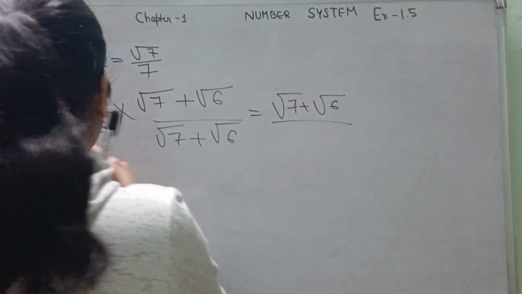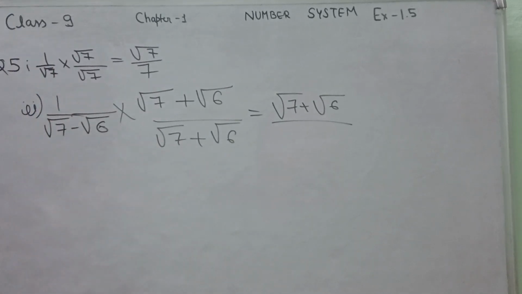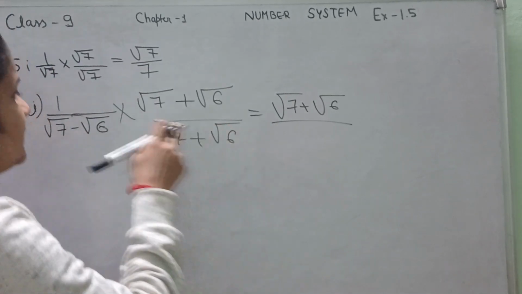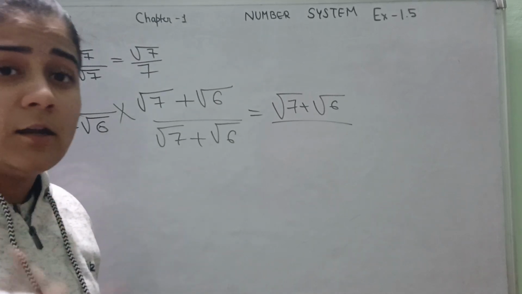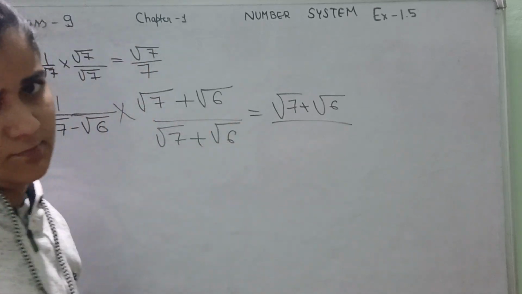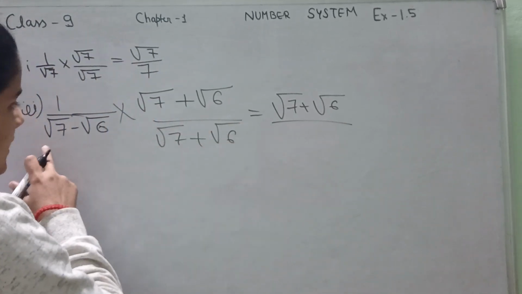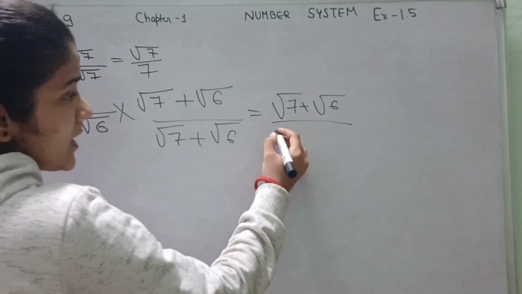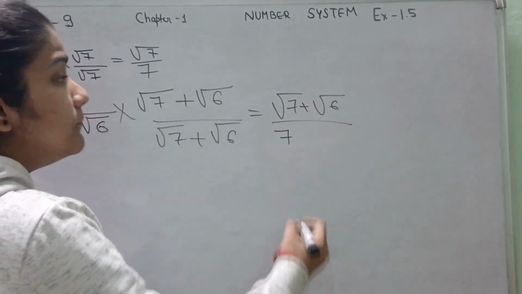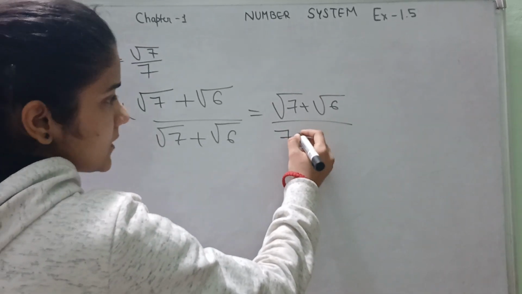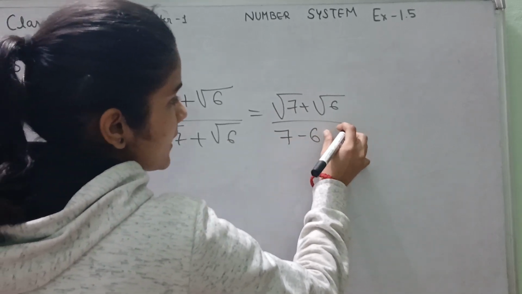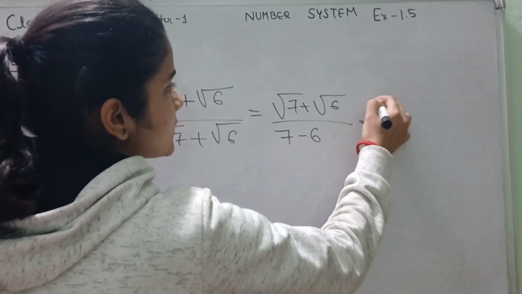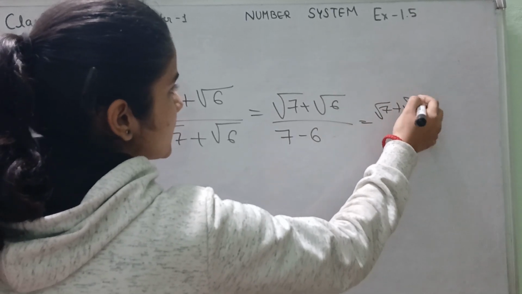And when we multiply this by this, can you see? It is a plus b, a minus b. It's very simple. You will be using this identity many times. So what is it? a square minus b square, which is 7 minus 6, which is simply 1. So it can be simply written as root 7 plus root 6.